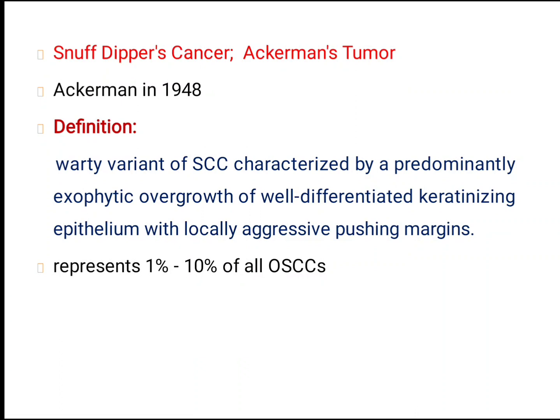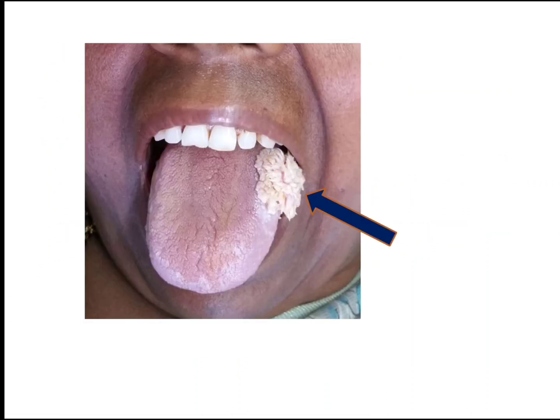So basically, verrucous carcinoma is a white variant of squamous cell carcinoma, characterized clinically by a cauliflower-like appearance, and histologically we will see well differentiated keratinizing epithelium, and this epithelium has a locally aggressive pushing margin. It represents 1 to 10% of all oral squamous cell carcinoma.